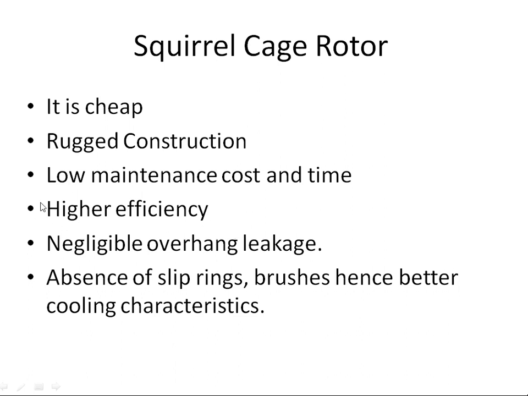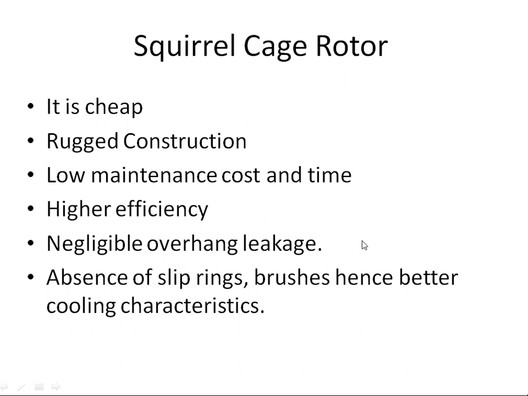The efficiency of this type of motor is really high because the resistance is very less, as well as the leakage reactance, because the overhang of this type of rotor is negligible. Since the construction is totally short circuited, the overall resistance and leakage reactance are less, so the efficiency is higher as compared to the slip ring induction motor.